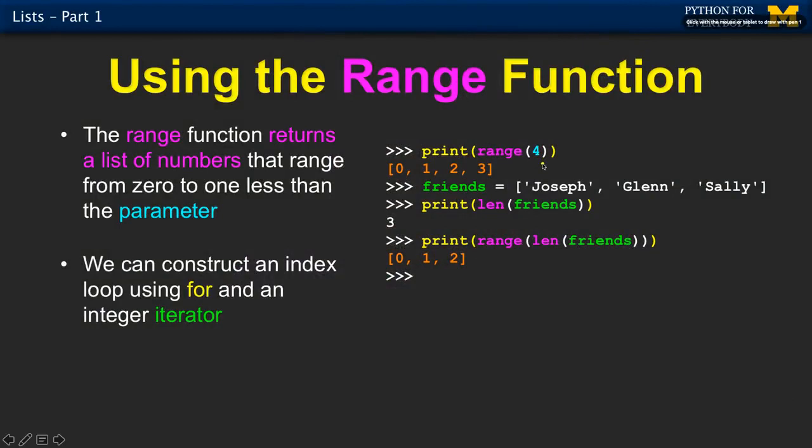The range function is kind of a weird special function that we use mostly when we're constructing loops, but the range function returns a list. And so it returns a list from 0 up to but not including, sound familiar? Up to but not including the number. So range 4 gives us 4 numbers, but they start from 0 to 3.